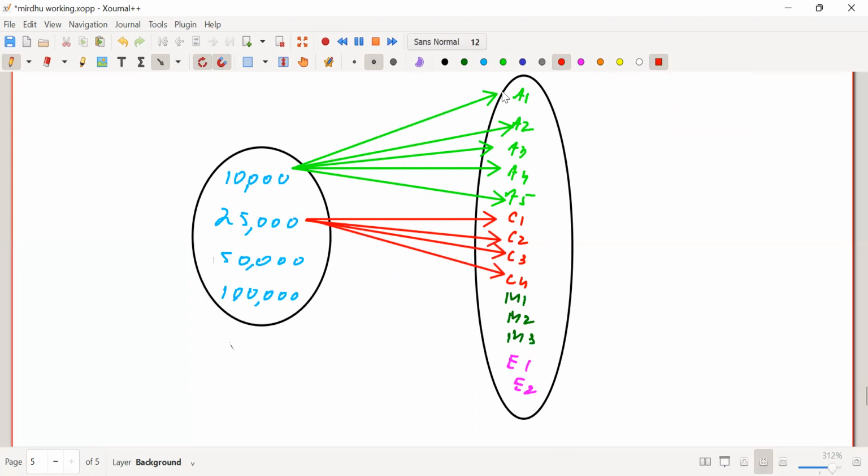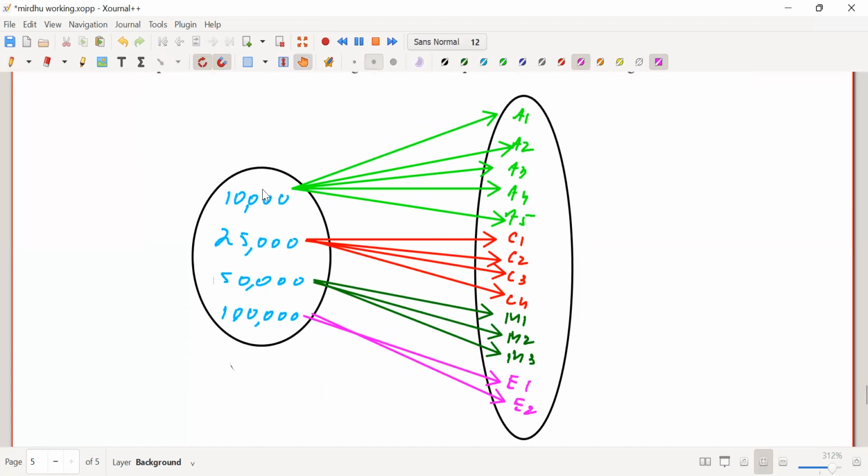Then 50,000, dark green: 1, 2, 3. Then 1 lakh: 1. So this is how it would be.